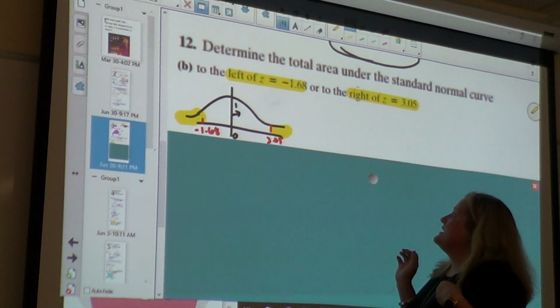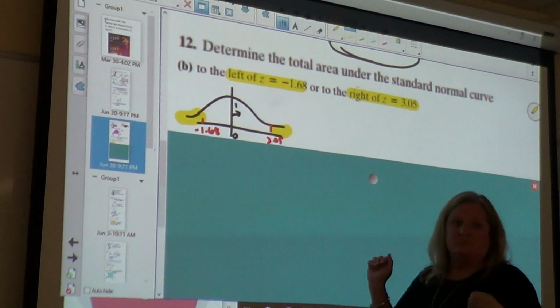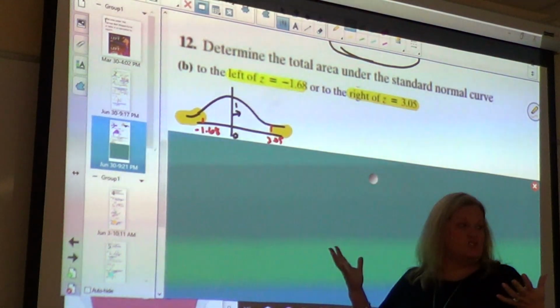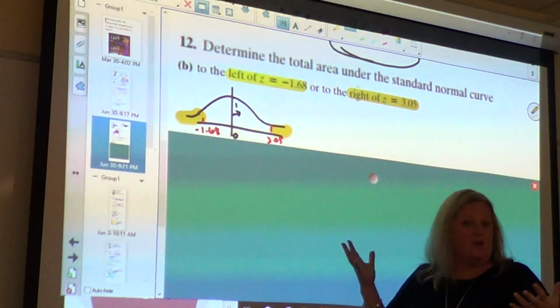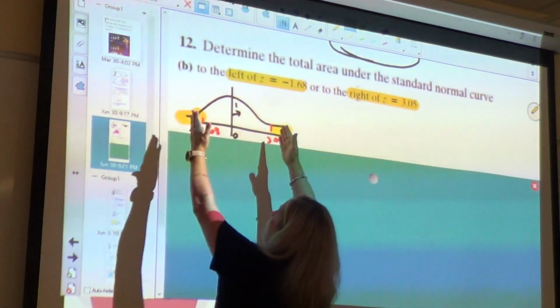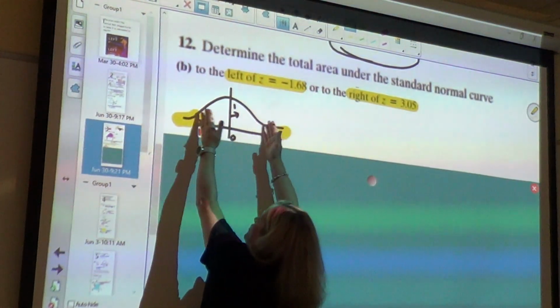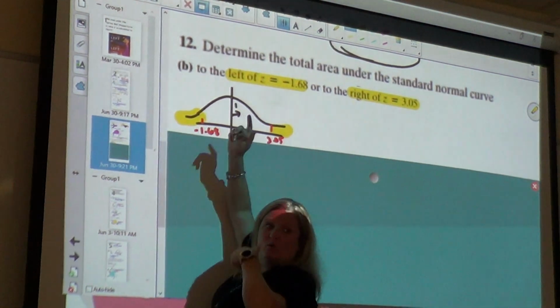All right. Now, we need to know what to do. Two ways that you can approach it. We're used to doing the between, so you could do the shading between and then do the 1 minus.